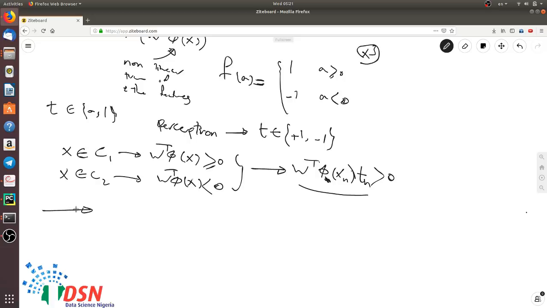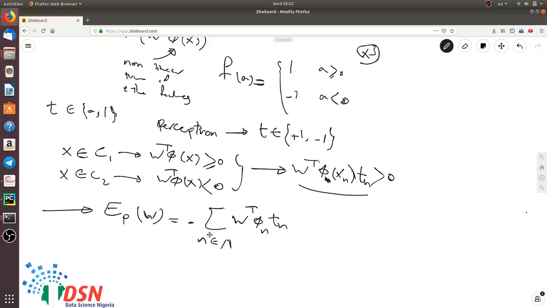So we could define the perceptron cost function as follows. It is a function of the weights, and for all patterns that are misclassified, we calculate this term. This is the error function.